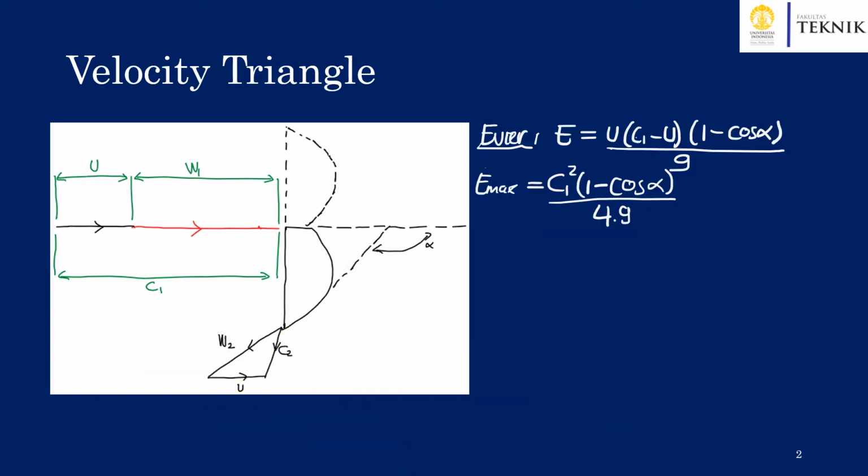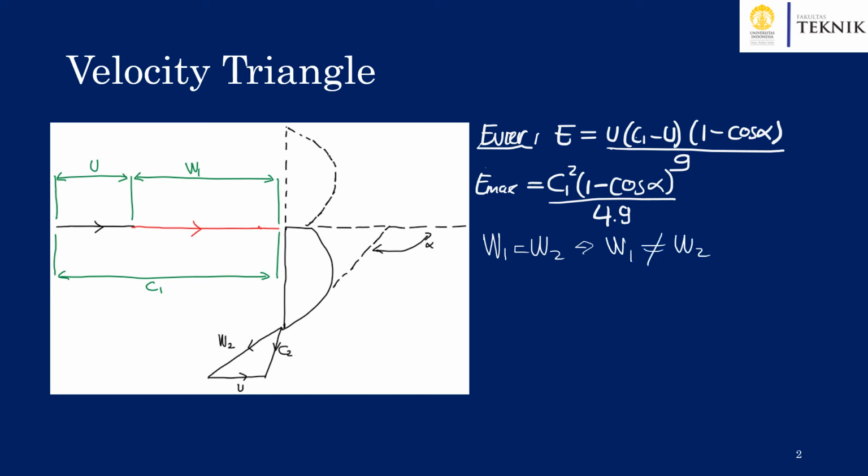Previously, we assumed that there is no friction between the jet or the fluid and the bucket, so W1 is equal to W2, or the relative velocity remains constant between the inlet and the outlet of the bucket. But in real conditions friction exists, therefore we cannot assume that W1 is equal to W2.